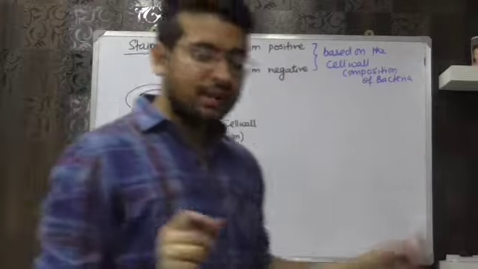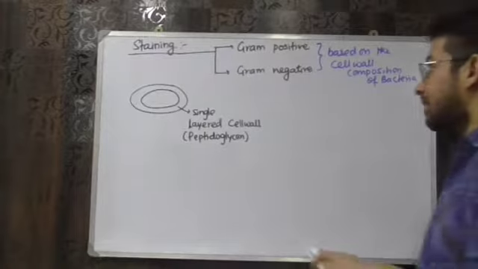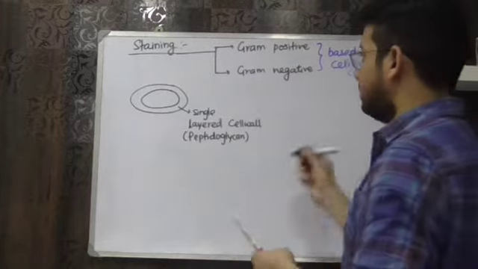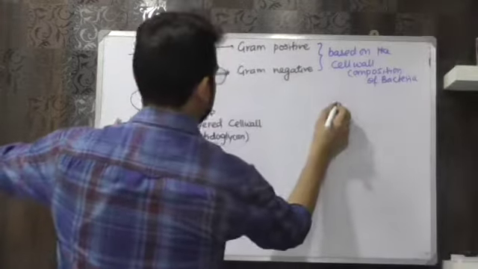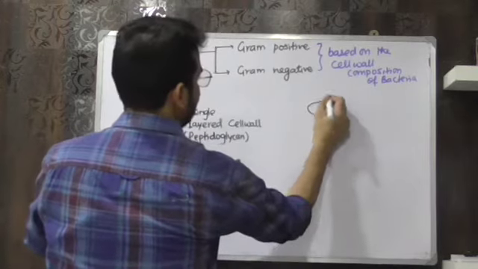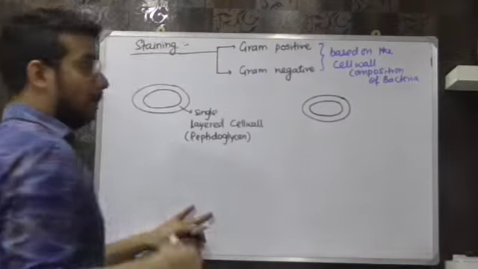But there are some groups in which there is an additional layer apart from this peptidoglycan. So if I draw this second group, let's say this is the bacteria, this is its cell wall, which is double layered or bilayered.